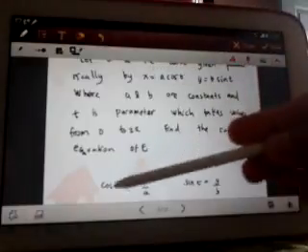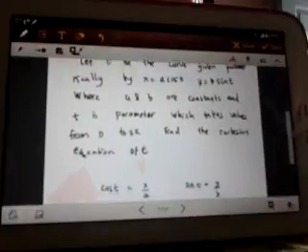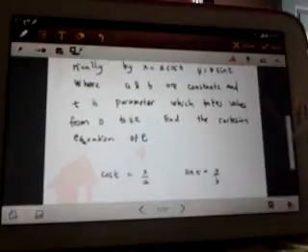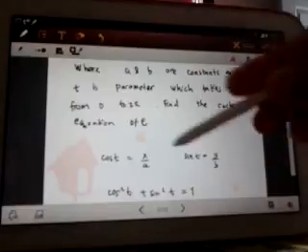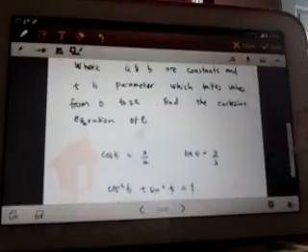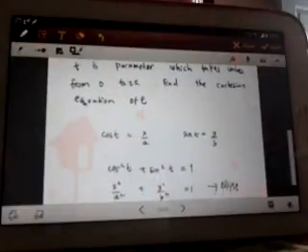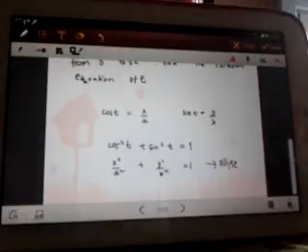So make x is equal to a cos t into cos t is equal to x over a, and for sin t make it y over b. Then remember cos squared t plus sin squared t is equal to 1. So cos t changes to x over a, and you have x squared over a squared plus y squared over b squared is equal to 1. So this is the ellipse equation.